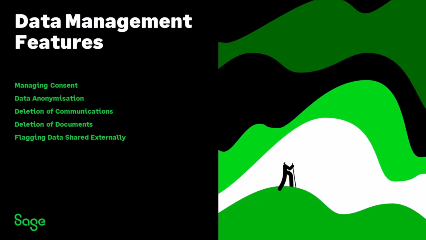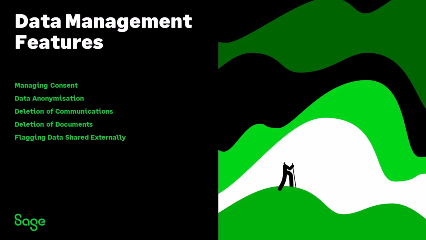And Sage CRM gives you the ability to, as we've seen, manage consent, work with the anonymization of data to ensure minimization of data when necessary, and its elimination or data erasure, which goes through to the absolute removal of communications, which is all that unstructured data, which can be interrogated now very easily with AI type tools, and the deletion of documents, again, to ensure that you are complying with the exact removal of any data.